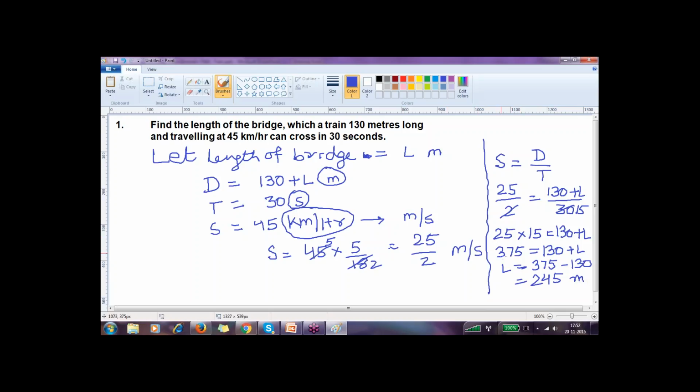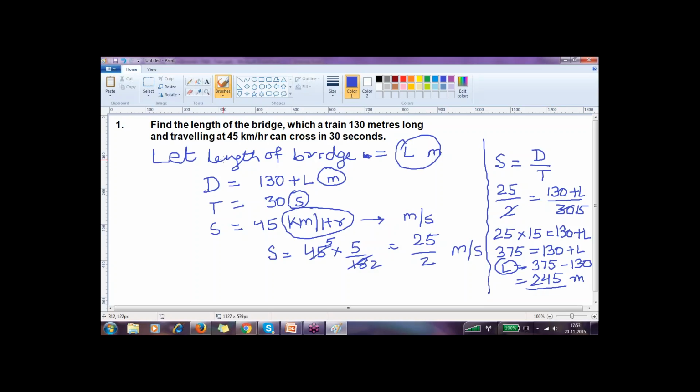What is L? This L is the length of the bridge. So the length of the bridge is 245 meters. This is what the answer is.